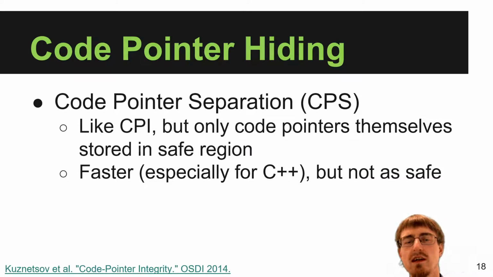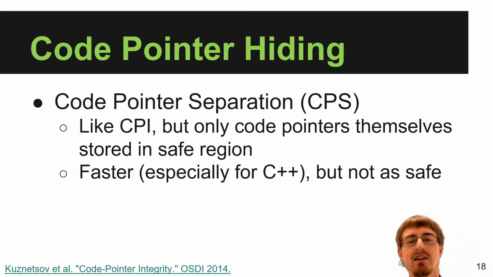While in C, function pointers are typically explicit, in C++ we have virtual functions, and if they get called a lot, it means that we have to go through the safe region a lot, and we have to do this for every object access, because every object contains a pointer to the vtable, which contains pointers to functions. So as you can see in C++, we're using a lot of memory safety, which introduces a lot of overhead.